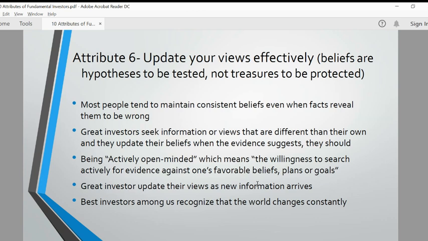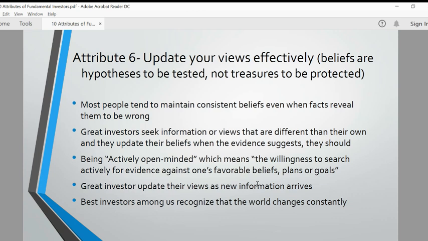Any new emerging piece of news or information might trigger a change of opinion in the mind of a great investor. Being actively open minded means the willingness to search actively for evidence against one's favorable beliefs, plans, or goals. This is an important attribute of a great investor.